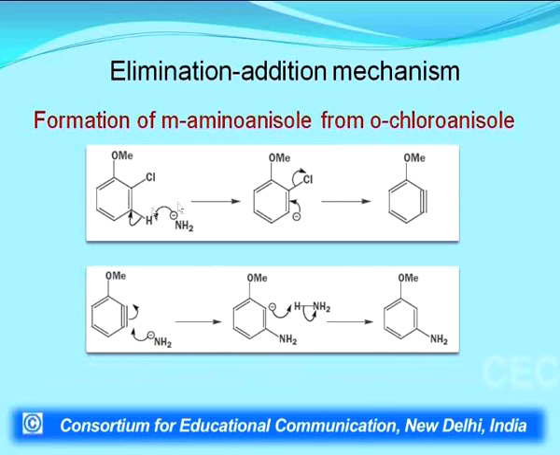Then chlorine is lost and we get the same benzyne, and once the same benzyne is obtained, the major product will be the meta substituted product. So, whether we start from ortho-chloroanisole or from meta-chloroanisole, in both cases we will obtain meta aminoanisole as the major product.